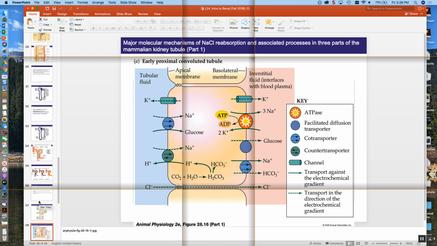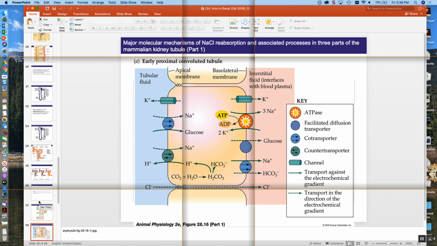The major thing that I want you to recognize is that for every carbon dioxide molecule that enters into this epithelial cell of the proximal tubule, it's converted to carbonic acid and then almost immediately converted to protons and bicarbonate.